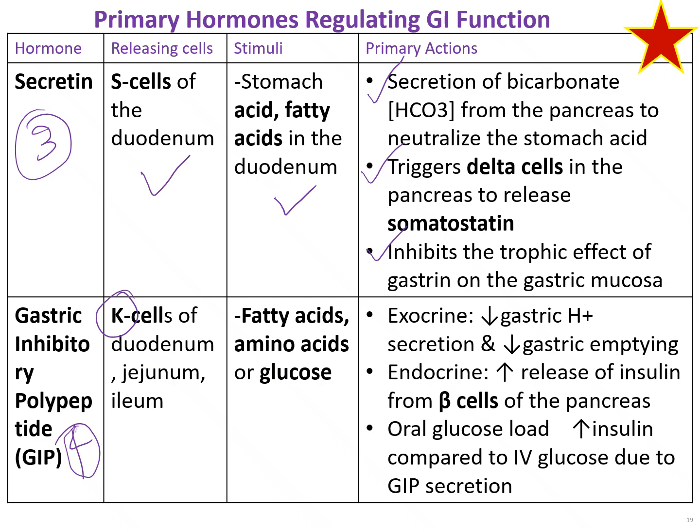The stimuli for the GIP are fatty acids, amino acids, and carbohydrates like oral glucose. The major exocrine functions of the GIP: it decreases the gastric hydrogen ion concentration and decreases the gastric emptying, whereas endocrine, it increases the release of insulin from the pancreatic beta cells. So that is why oral glucose enhances insulin compared to IV due to GIP secretion.